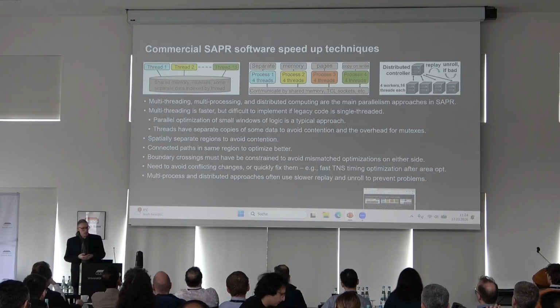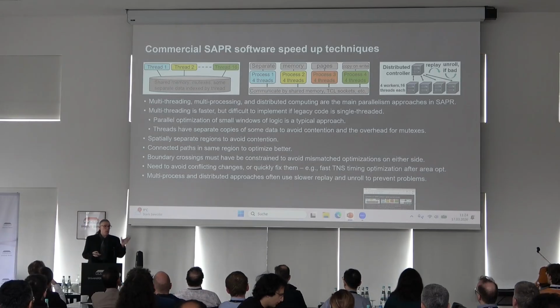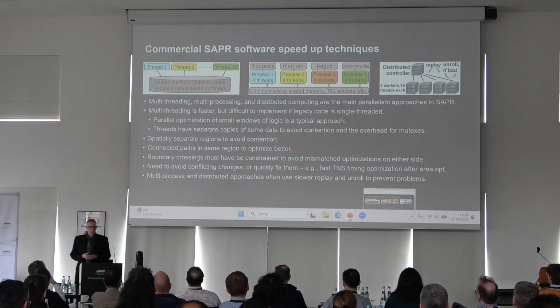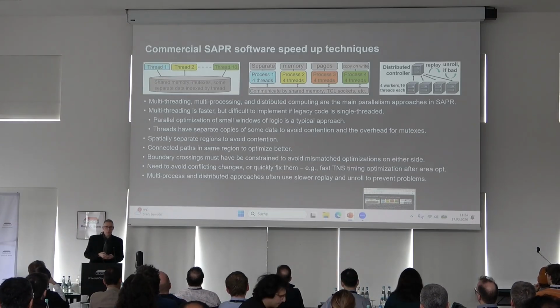And so a typical approach in multi-threading, as an example, there are different approaches, is to do parallel optimization of small windows of logic. And the threads will have separate copies of some of the data to avoid contention and to avoid the overhead for mutexes accessing that data. You want your regions ideally to be spatially separate to avoid contention for utilization, routing resources, and so forth.